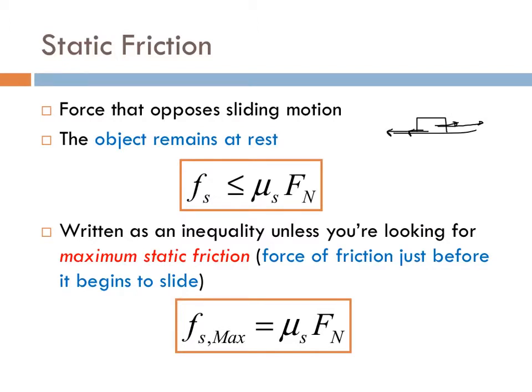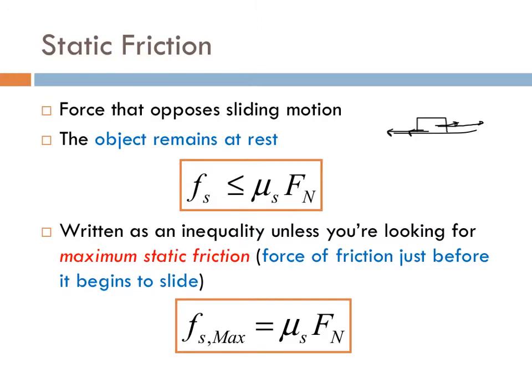So with static friction, our first equation is an inequality, meaning that our static friction is less than or equal to our coefficient of static friction, which is represented by a mu, this Greek letter here, times our normal force. Remember that normal force is not always equal to just mass times gravity. On an incline, that could actually be equal to mass times gravity times the cosine of theta.